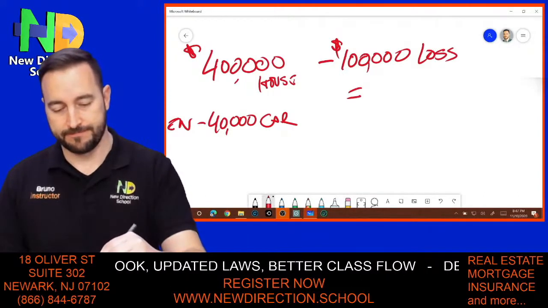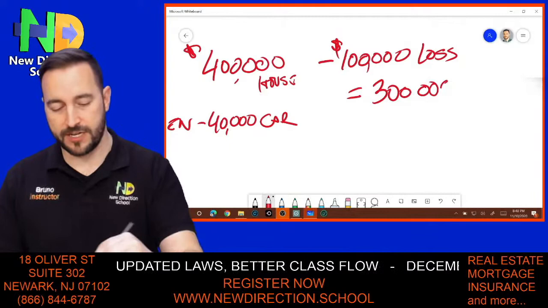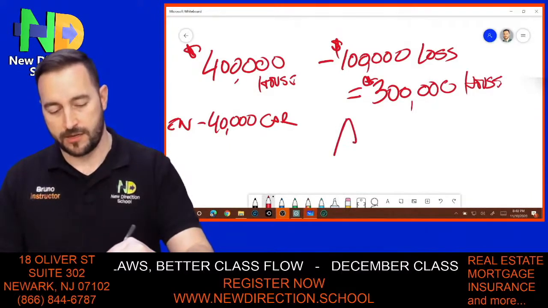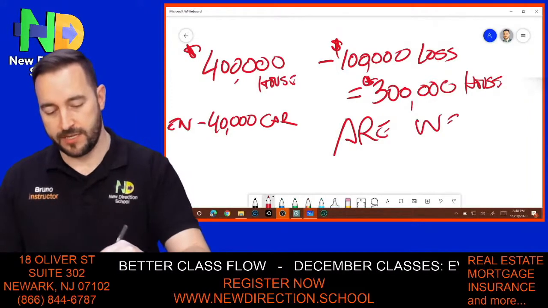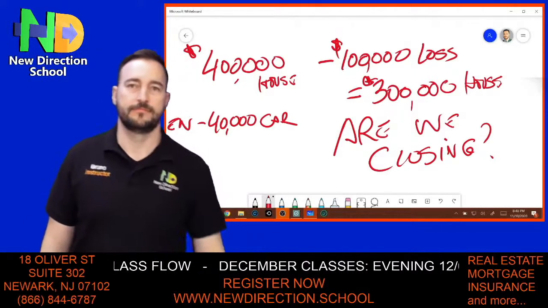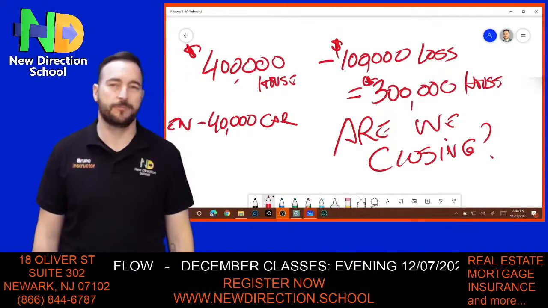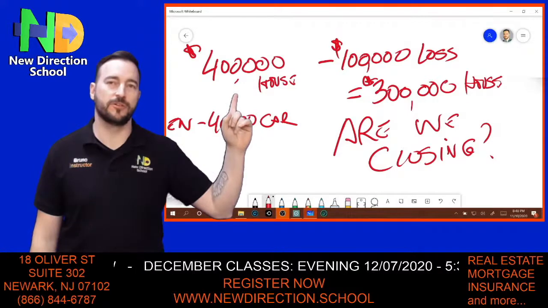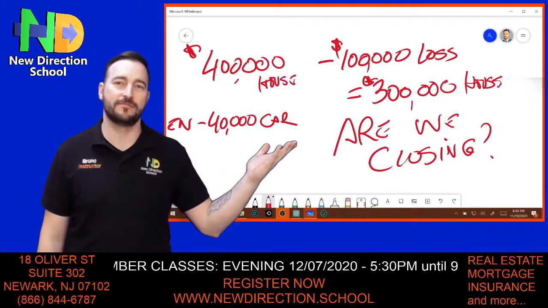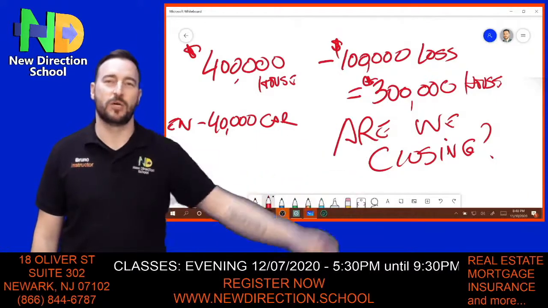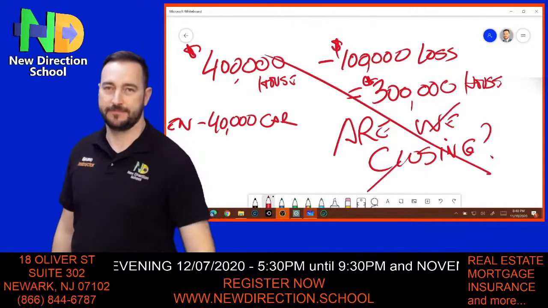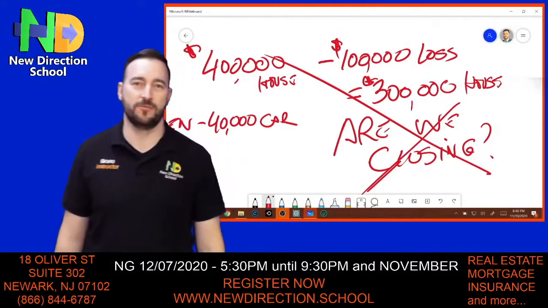That means you can only afford a $300,000 house. Are we closing? Nope. Because the house you put an offer on was $380 or $390 or $400, but you decided to get a brand new car, and we're not closing anymore. Rejected.